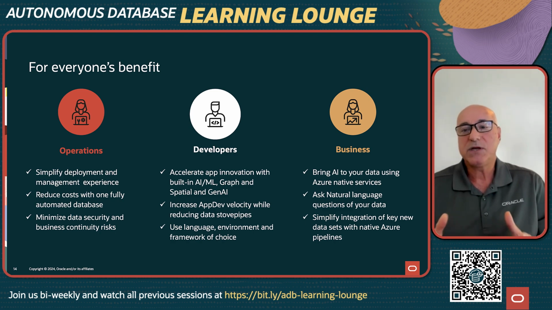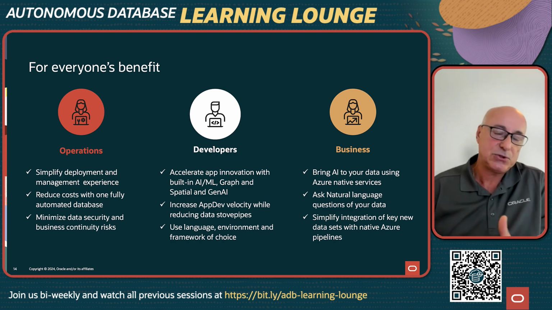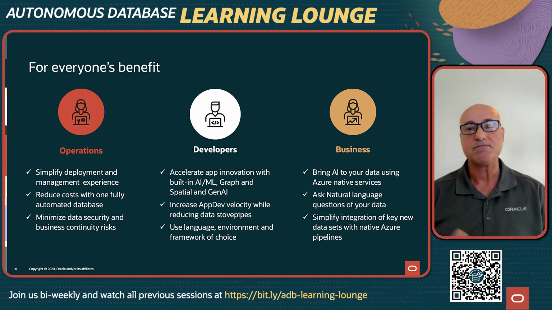So developers get to continue to develop, and you'll see this shortly in a .NET application, how you're most efficient and what you're most used to, while still leveraging the underlying components and benefiting from the different multi-model capabilities that Oracle has.